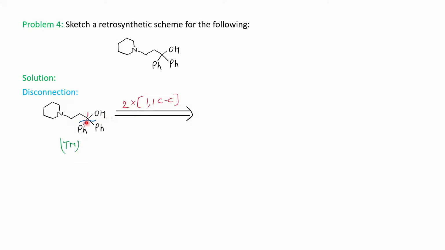So here we'll be doing the 1,1 C-C disconnection. So both Ph groups we are going to disconnect here, and we'll get the synthons. The carbon which has OH will get a positive charge, and the phenyl will get a negative charge here. So these are the synthons, and we'll be writing the synthetic equivalents, because the synthetic equivalents are the starting materials to design your target molecule.